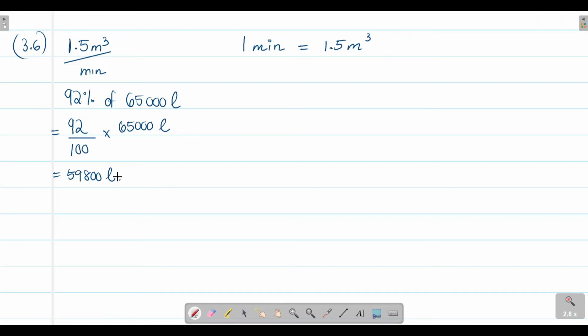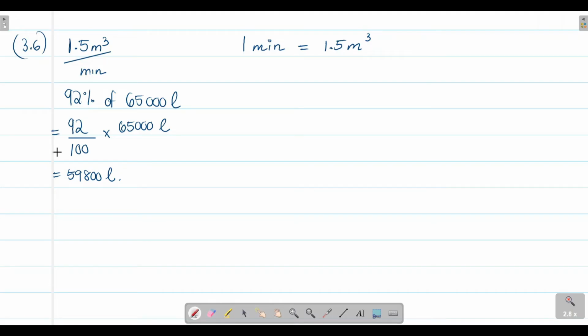So when she says that by 8 o'clock the pool will be filled to 92% capacity, she is saying that by 8 o'clock the pool would have 59,800 liters of water. Now we've found out how many liters of water would be in the pool if it's filled to 92% of its capacity.